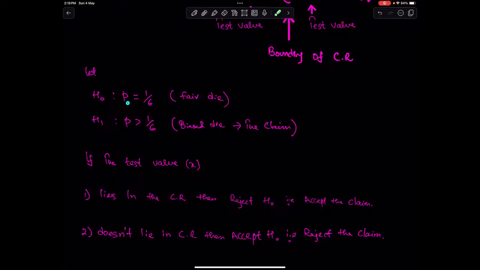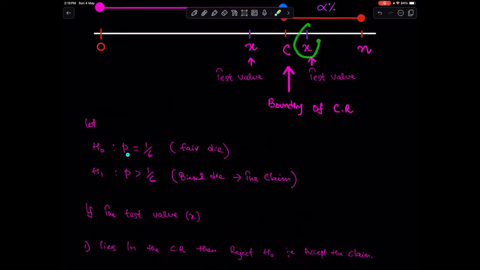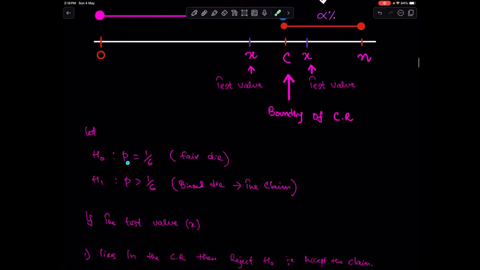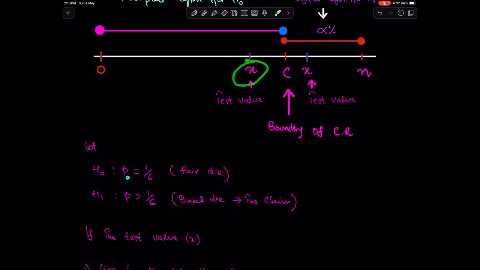When we throw a fair die, the probability of a number 5, let's suppose, is 1 upon 6. And if P is greater than 1 upon 6, that means the die is biased. If P is 1 upon 6, the die is fair. And this is the claim. So if the test value lies here, then we will reject H naught, and we will conclude that the die is biased. And if the test value lies here, then we will accept H naught, and we will conclude that the die is fair.